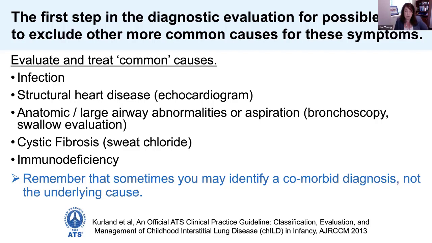Do not want to diagnose that with a lung biopsy. Double check an immunodeficiency, but remembering that sometimes you may identify a comorbid diagnosis, not the underlying cause. But these are still good things to pause and to think through carefully before you start thinking about some of the more rare disorders we'll talk about today.